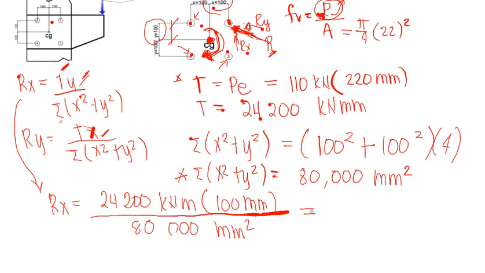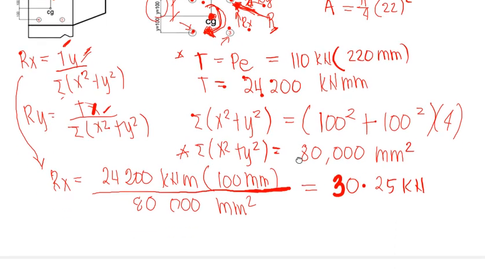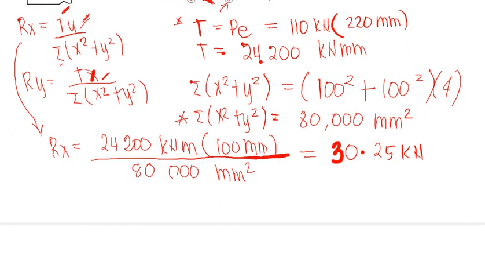So, using your calculator, you just have to input the values and makukuha natin ng value is 30.25 kilonewton. So, yan pa lang yung value ng ating x due to our horizontal, yung load natin due to the horizontal. Kailangan din nating isolve yung ating ry.